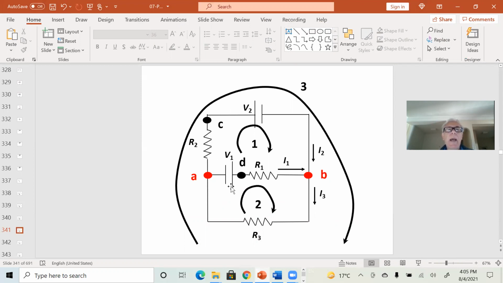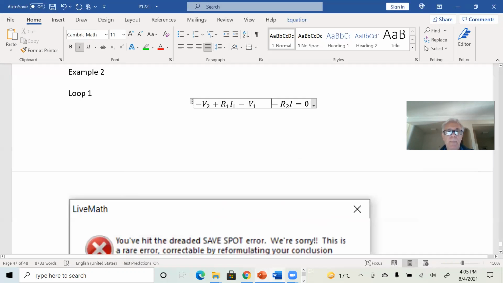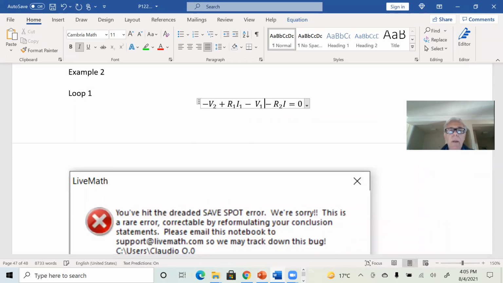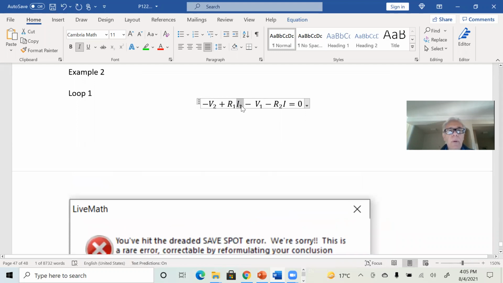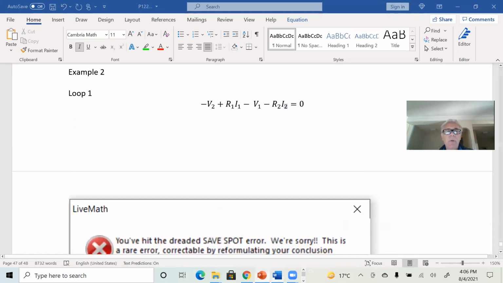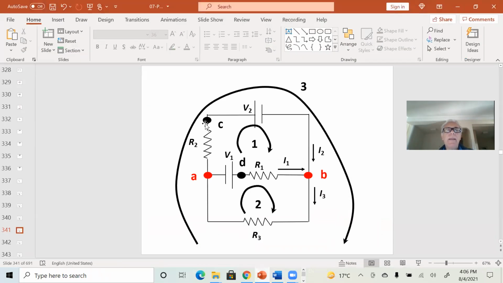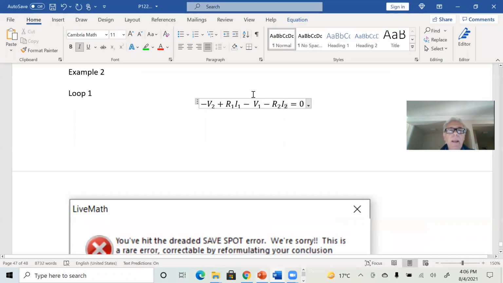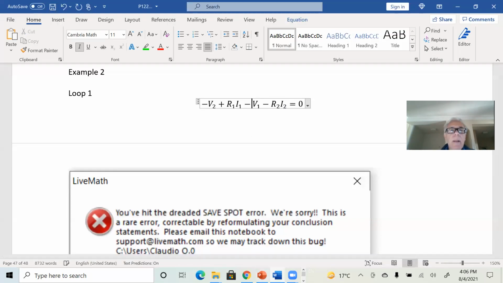Minus I2 R2. And then we go full circle. We get equal to 0. We are done with loop number 1.